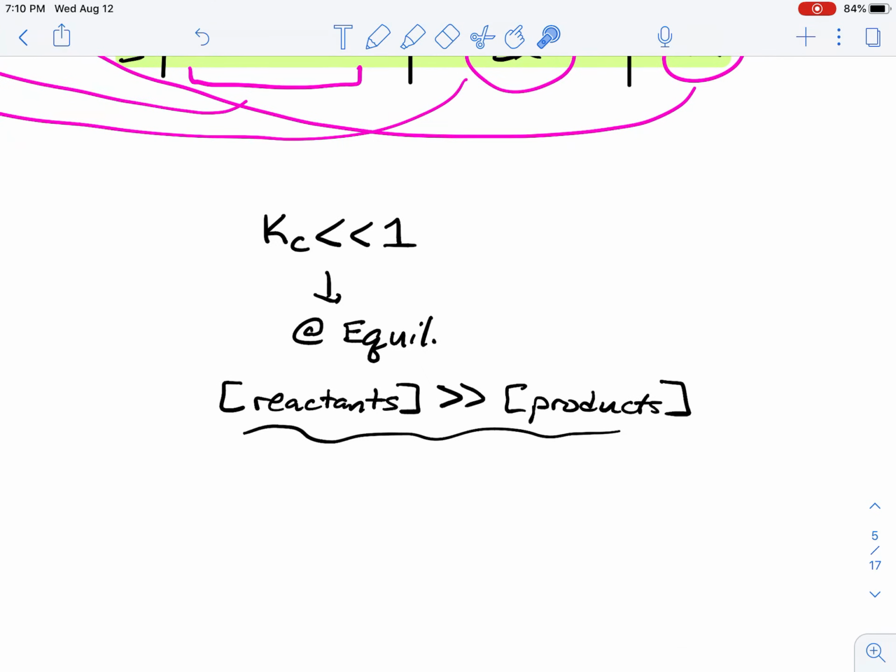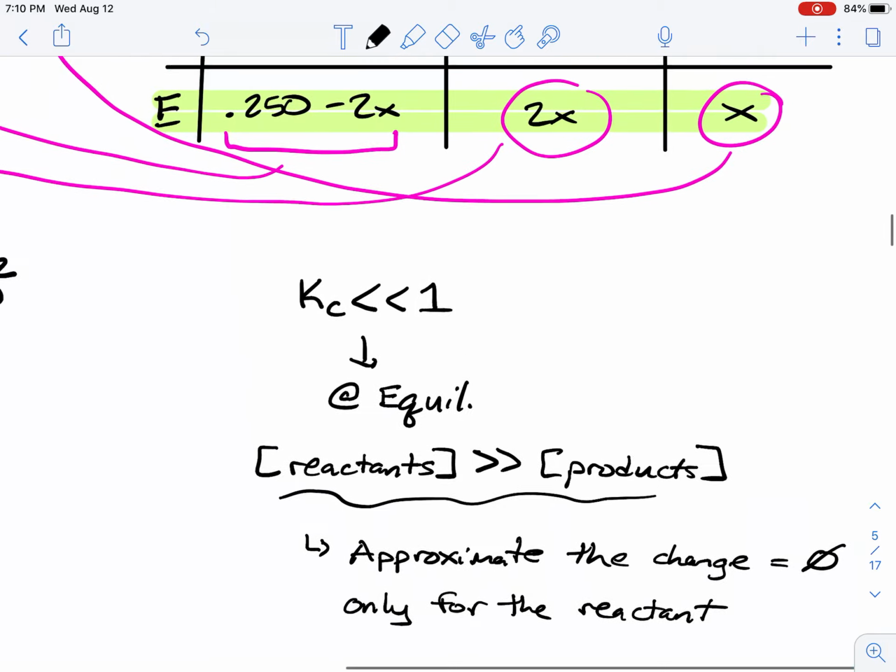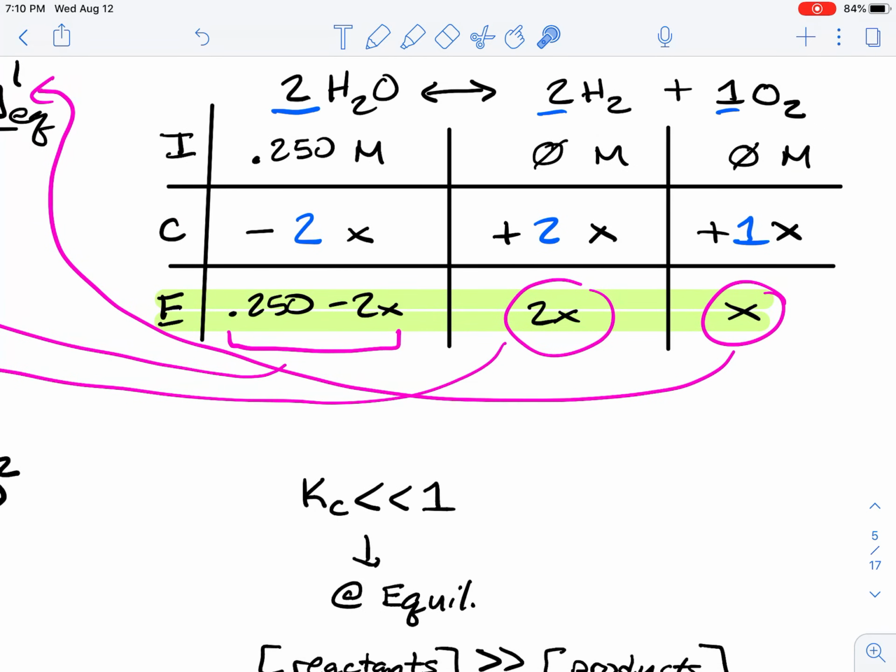So this is the situation in which we can approximate the change to equal 0 only for the reactant. Okay? So any amount that gets consumed in the reactant side is negligible.